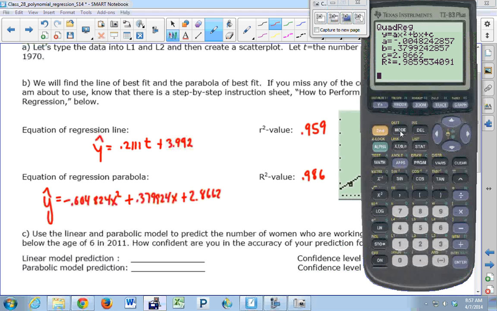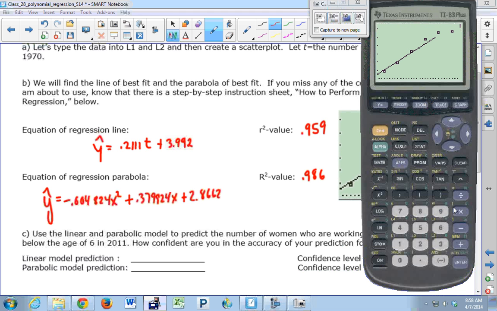So that tells me now I can compare these two R squared values. Notice that the one for the linear regression is a little baby r because it's the square of the correlation coefficient. This R has a capital R. We can compare these two. And when you look at the graph, let's take a look at the graph. Oops, I forgot to do zoom 9. Okay, good. Zoom 9.